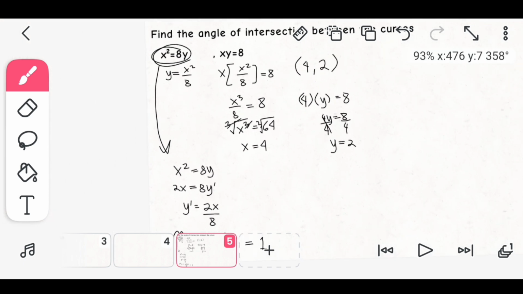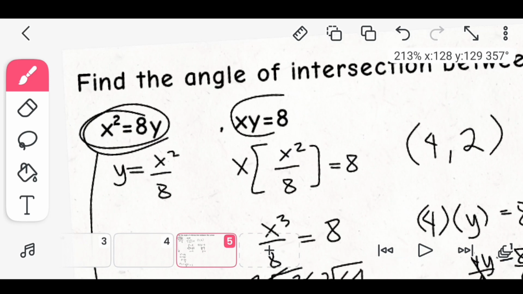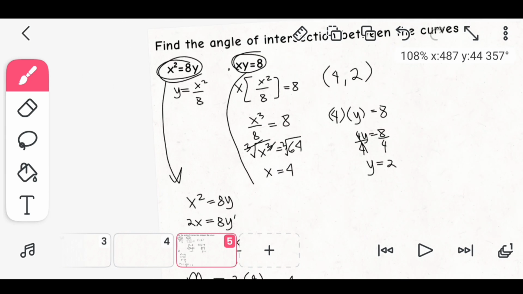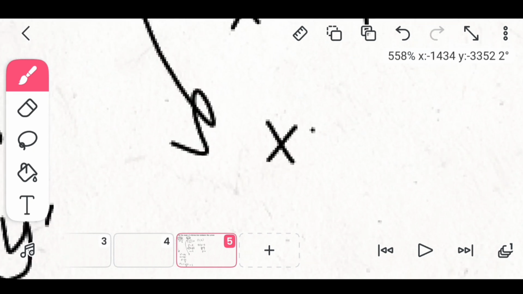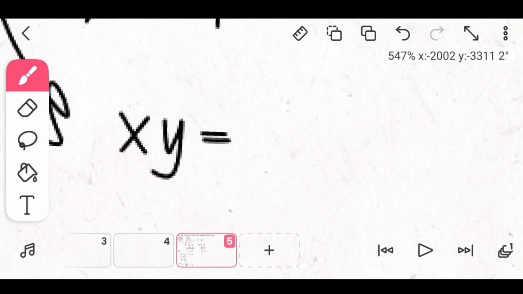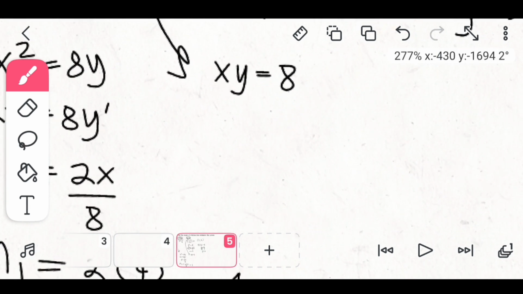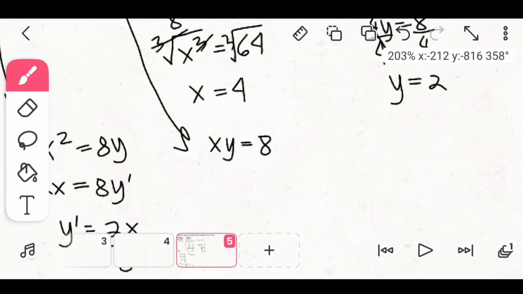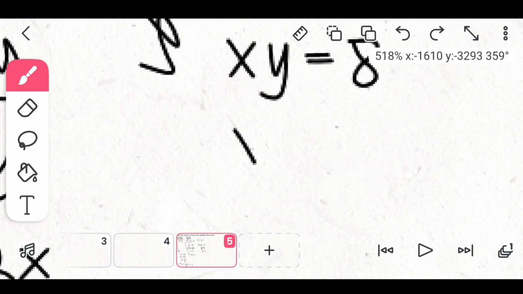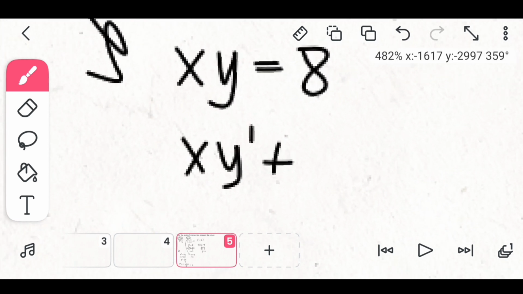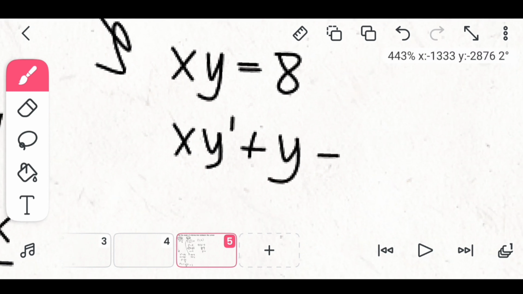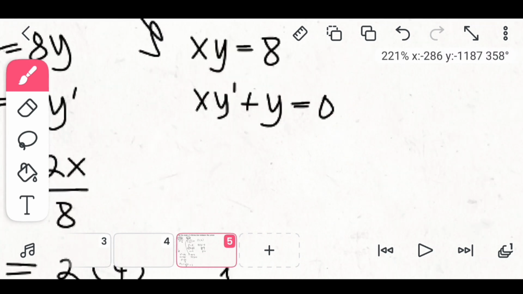Then let's derive the second one, to find the m2. xy equals 8. Then deriving this gives us y prime plus y equals 0.